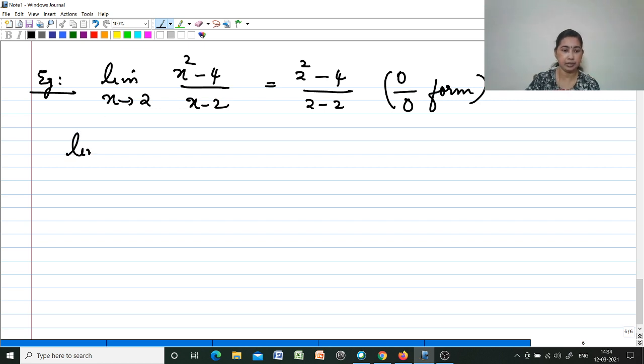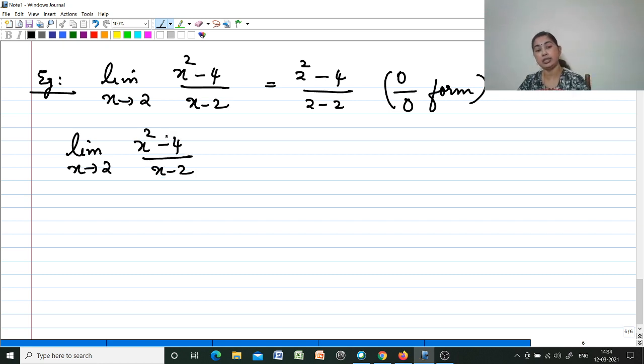So again I am taking this limit x tends to 2, x square minus 4 by x minus 2. Seeing this, we know that we can factorize x square minus 4. We know what is a square minus b square.